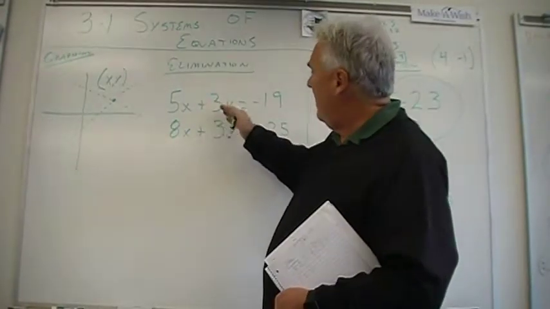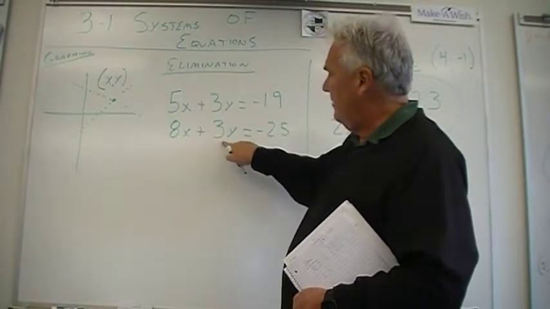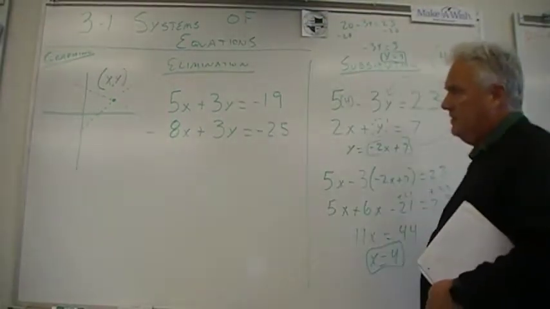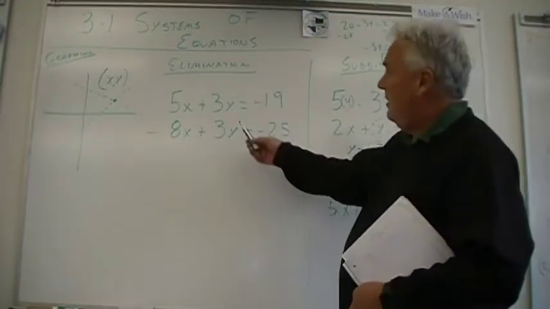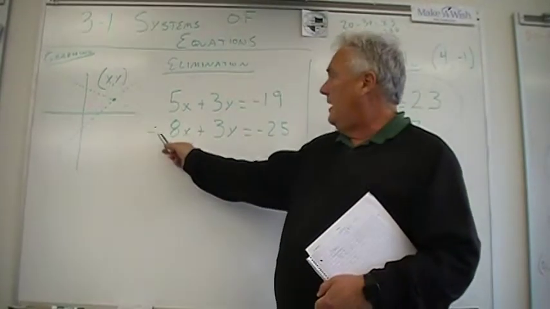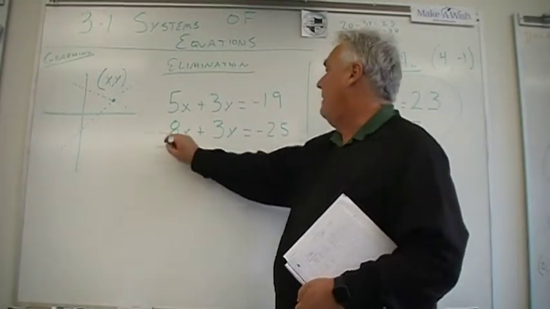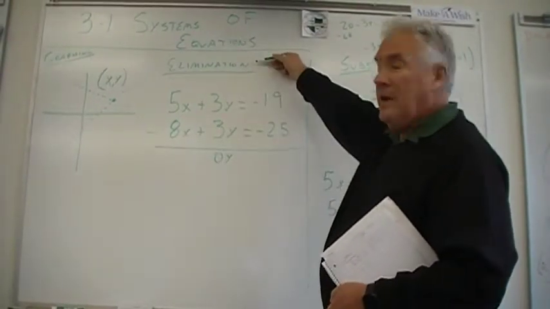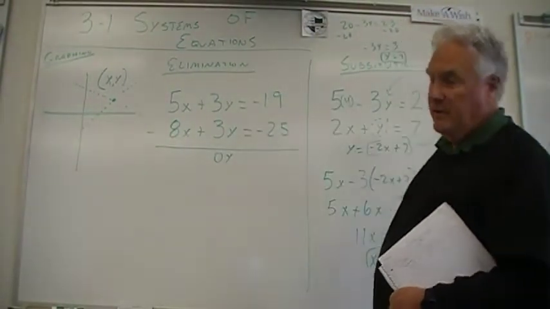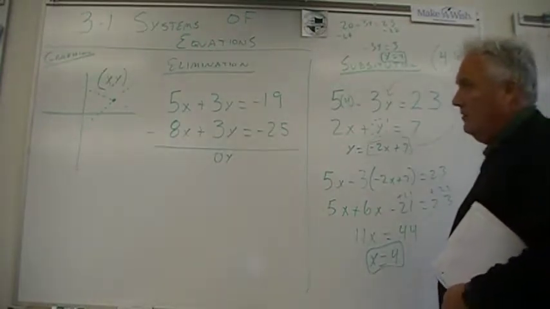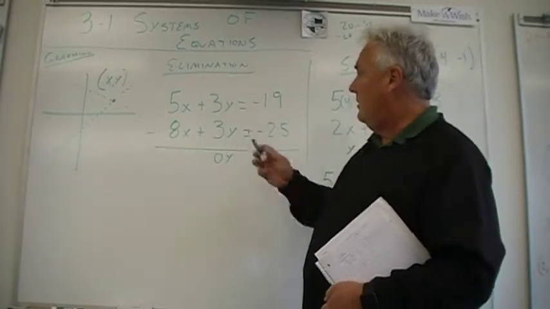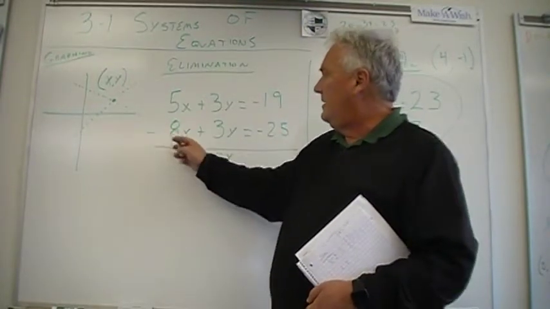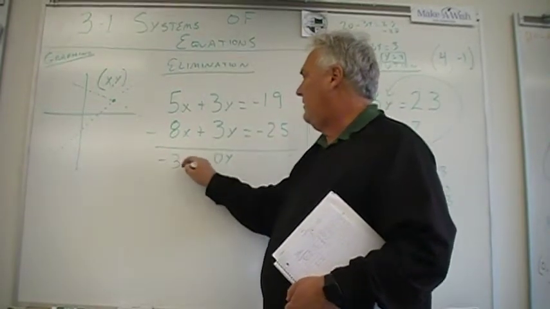So when we get a positive 3y and a positive 3y, our operation is going to be subtraction. Because 3y minus 3y is 0y. We are eliminating, hence the name of the strategy, we are eliminating the y's. 5x minus 8x is negative 3x.